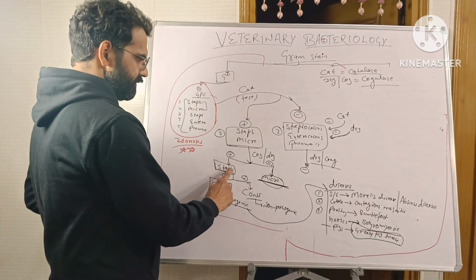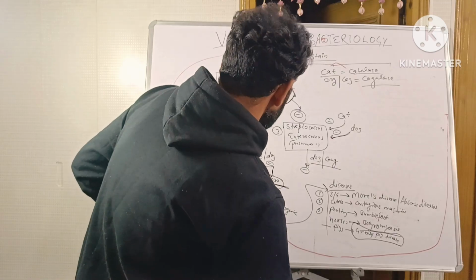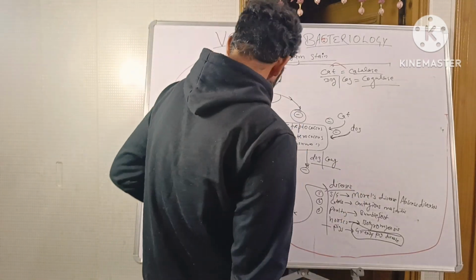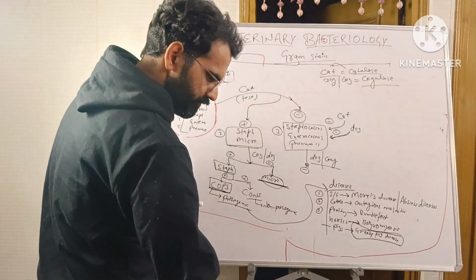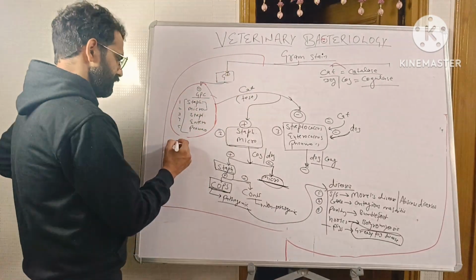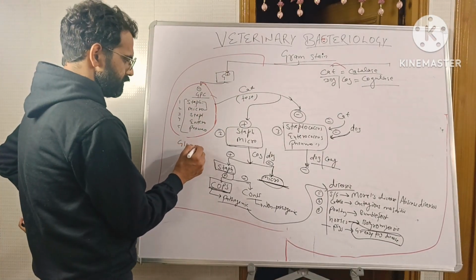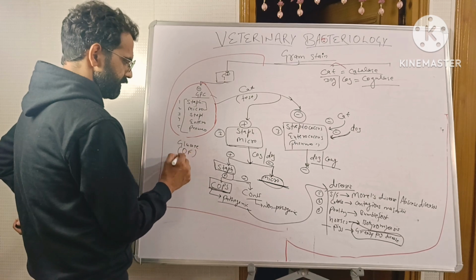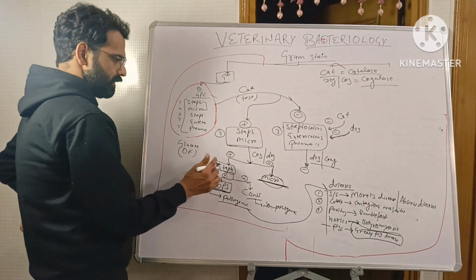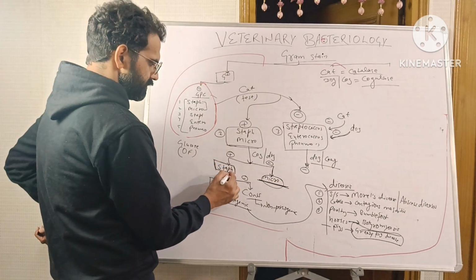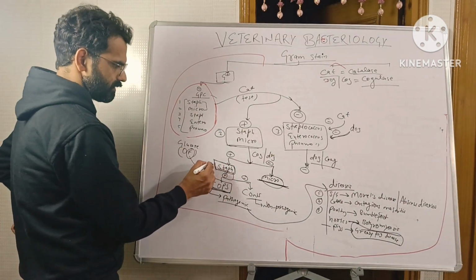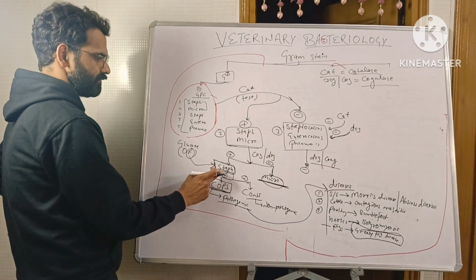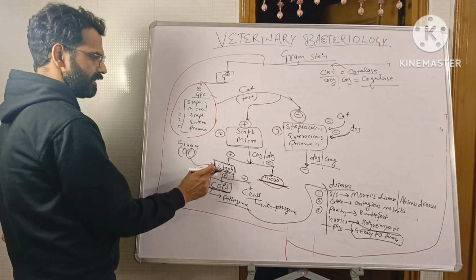Then for staph and micrococcus, we have one more test to differentiate these two, that is the glucose oxidation and fermentation test. As the name indicates, staph is F, it causes fermentation of the glucose. Staph is fermentative.